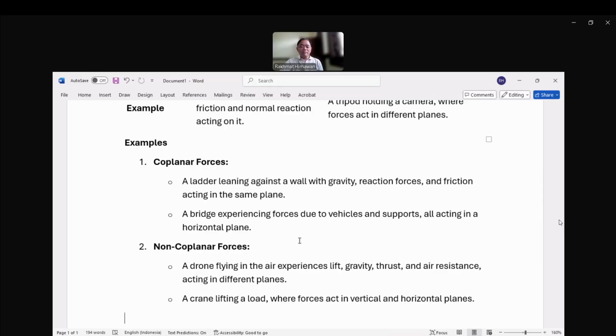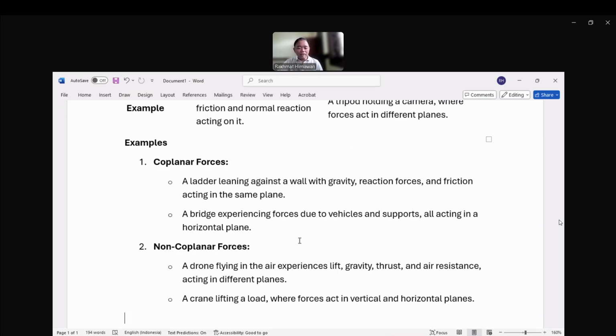Or another example, a bridge experiencing force due to vehicles and supports, with all of this acting in a horizontal plane. There is no vertical. All the forces and reactions act on the plane, which is horizontal. The force could be vertical or tilted, but the plane that you use is only horizontal.